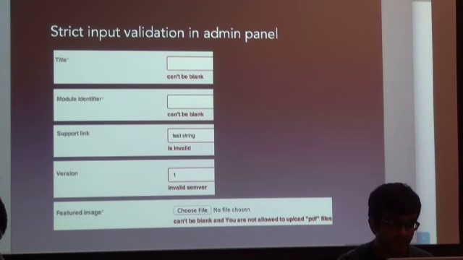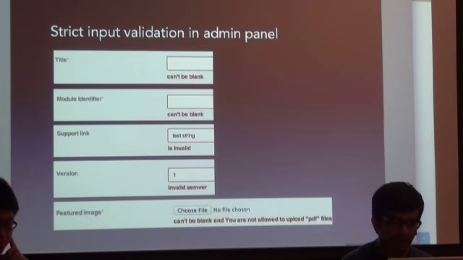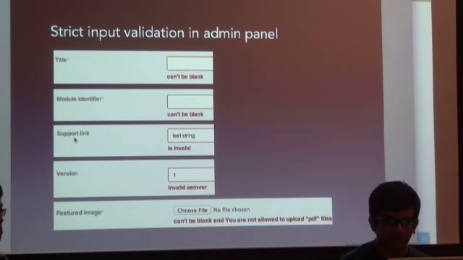Next thing is script input validation in the admin panel. Bin showed you the admin panels, but we did not get time to tell you how robust it is. Every title is mandatory, the module identifier is mandatory, the support link has to be an HTTP link, and the version has to be a semantic version: major version dot minor version dot patch release version.